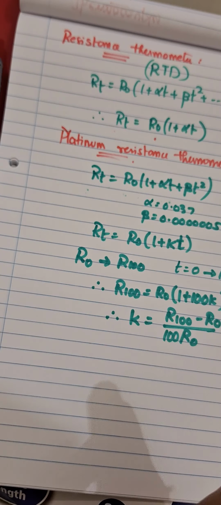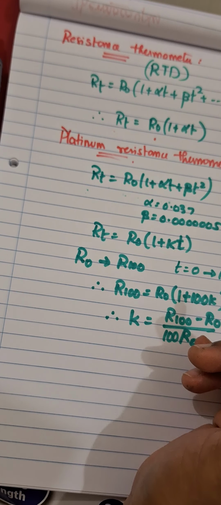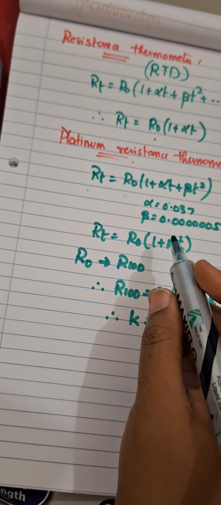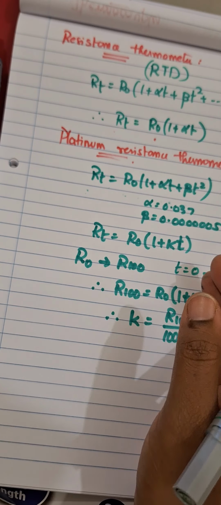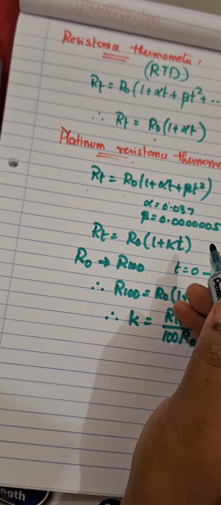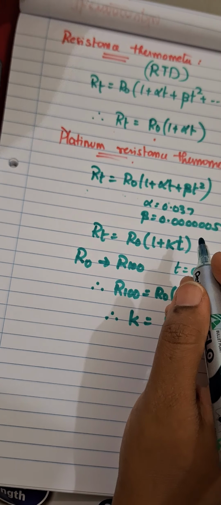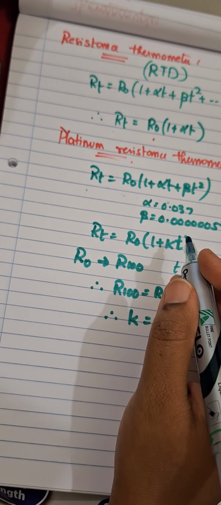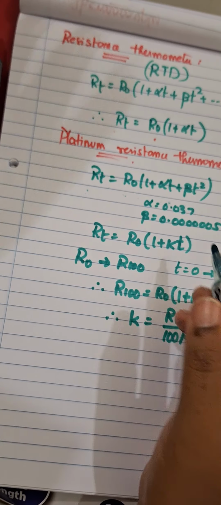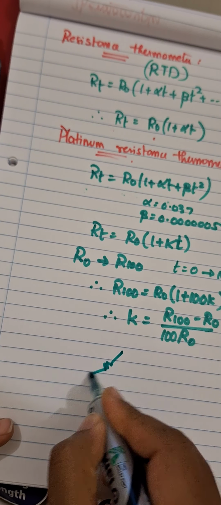So how to construct this circuit? Usually this consists of platinum wire, which has a free spiral, and the wire should be smooth and free from defects. The resistance wire is generally enclosed in a protective tube made of glass, quartz or stainless steel. So I am going to construct a circuit like this.